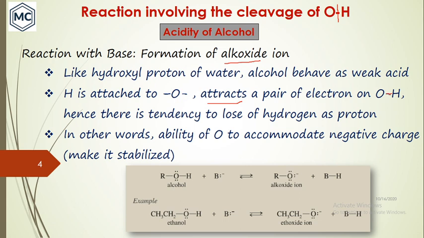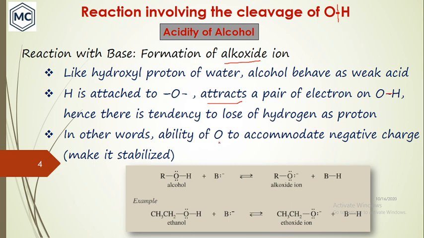So the pair of electrons residing here is attracted towards this oxygen. Hence, there is a tendency to lose the hydrogen as a proton, because oxygen is attracting both electrons towards itself. It will lose H plus, a proton.